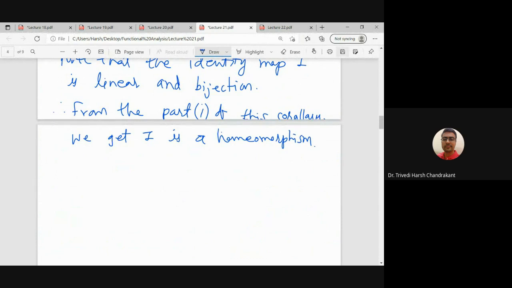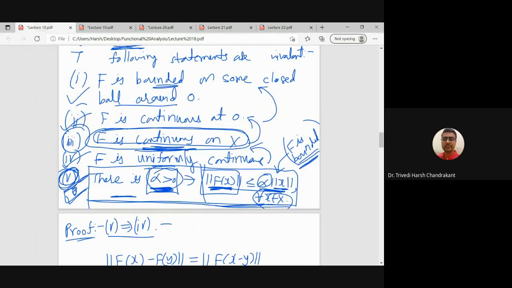So that means I is also continuous, I inverse is also continuous. So now we will use this result, the last part. Whenever we have a continuous function, alpha exists, right?